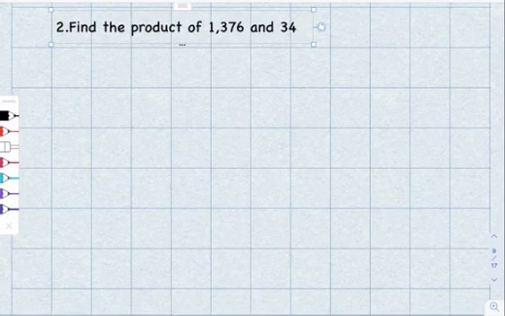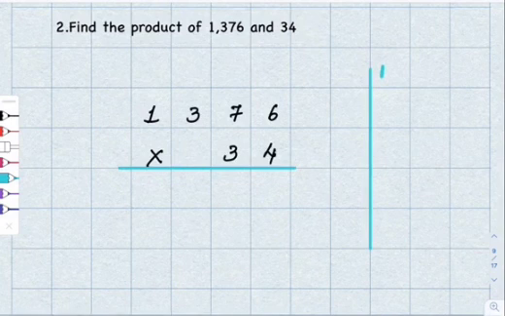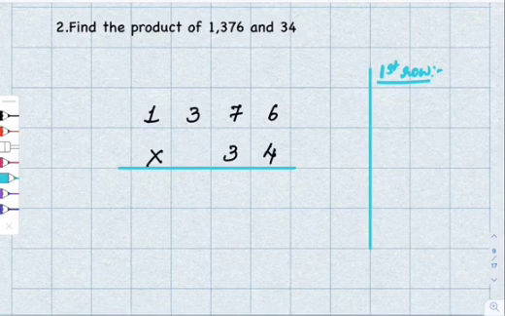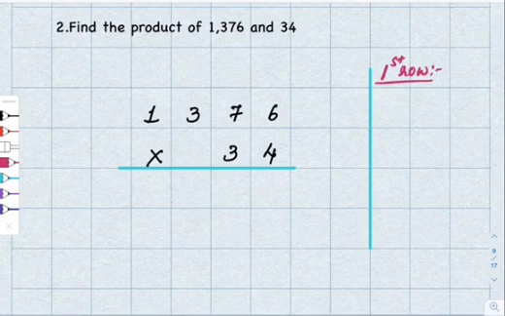Now for another problem which involves a 4-digit number multiplied by a 2-digit number. Now for the working, first row, if you are not comfortable writing directly, children, you can calculate here and then write down correspondingly at those places. First row, we will start with 4.